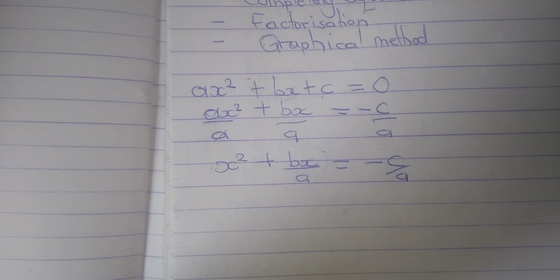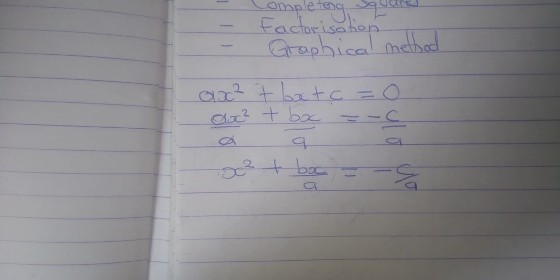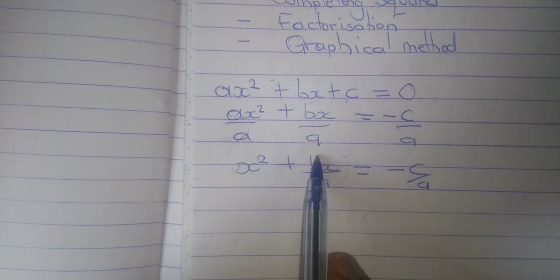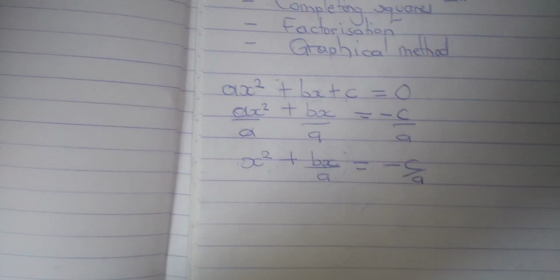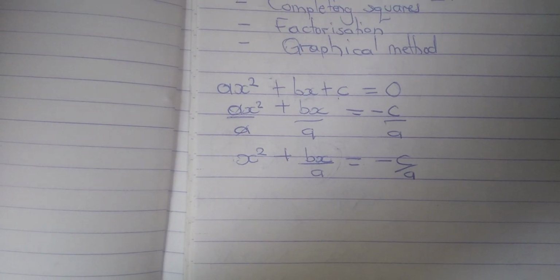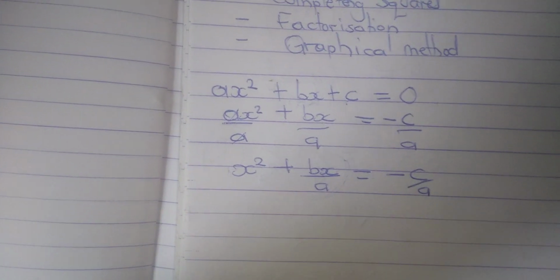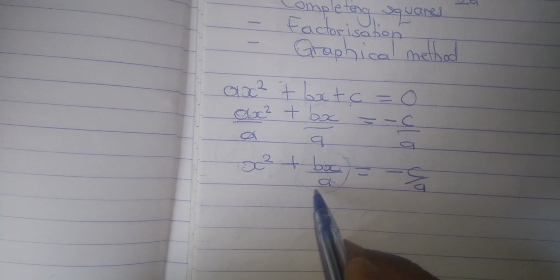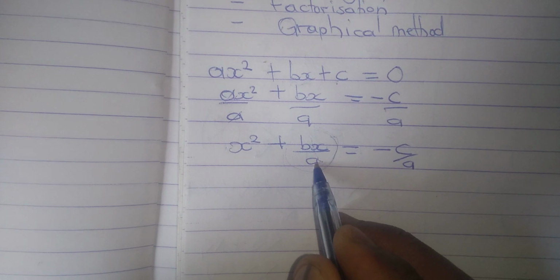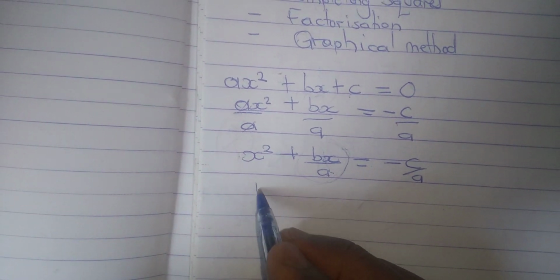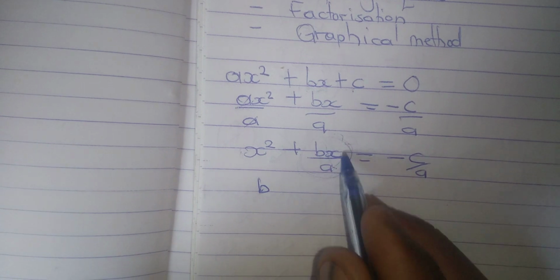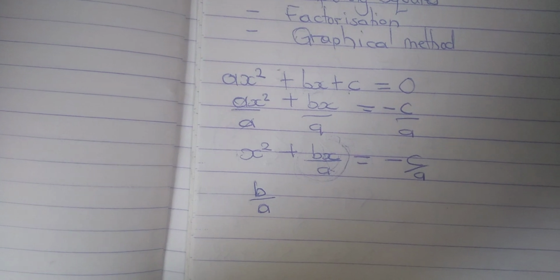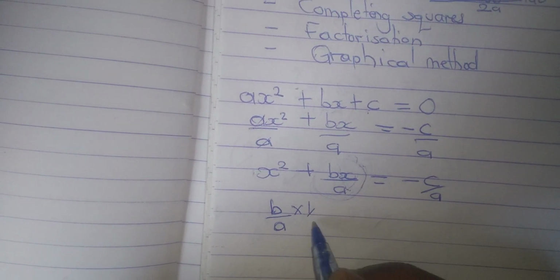Taking note of this, I take the coefficient excluding the x, because x is part of the quadratic equation. The coefficient is b over a. After identifying the coefficient, we multiply it times a half.